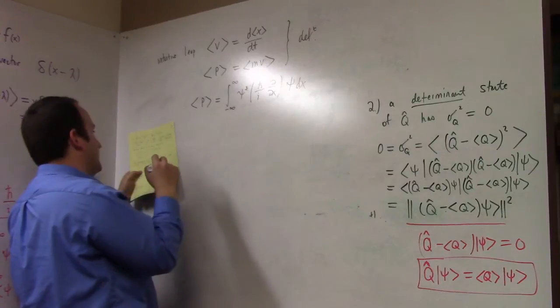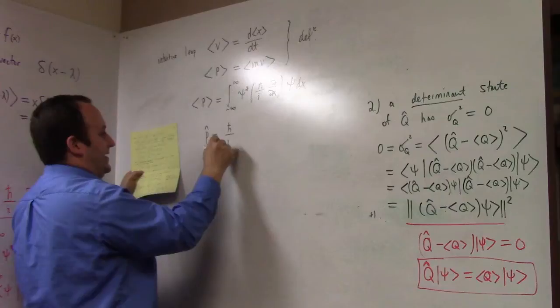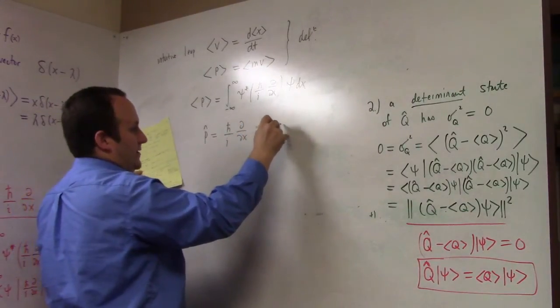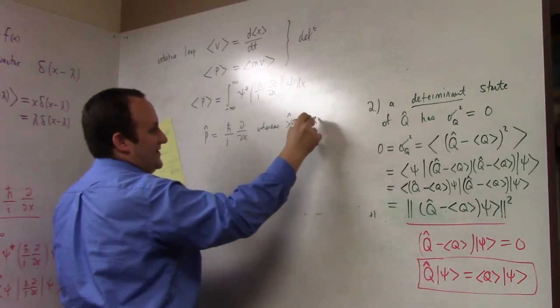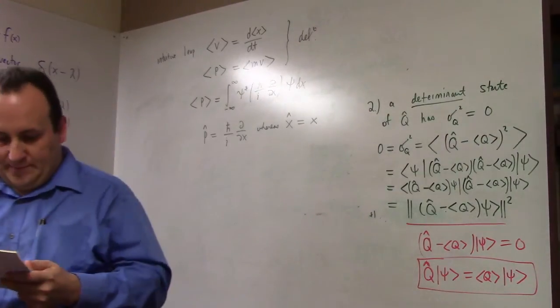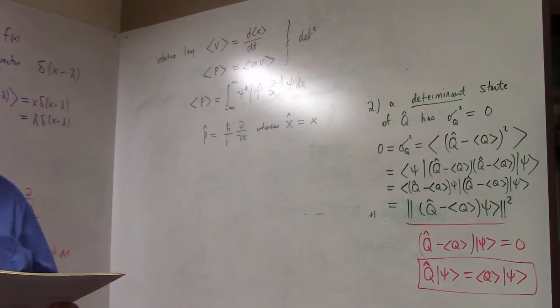Anyway, the point here is the momentum operator we can look at as h bar over i partial x, whereas the position operator is just x. It's multiplication by x. So position operator is kind of boring. Both of these operators act on functions of space and time, x and t.